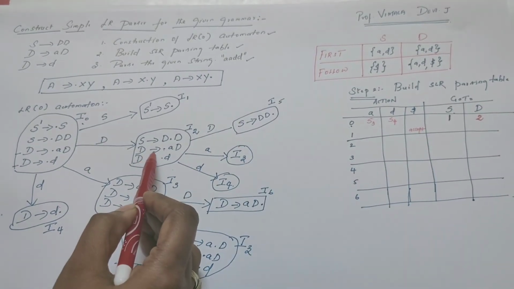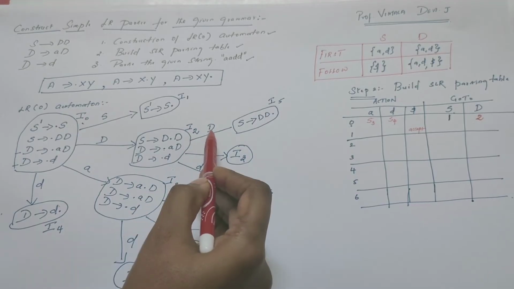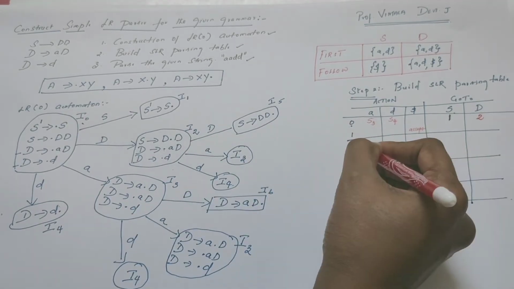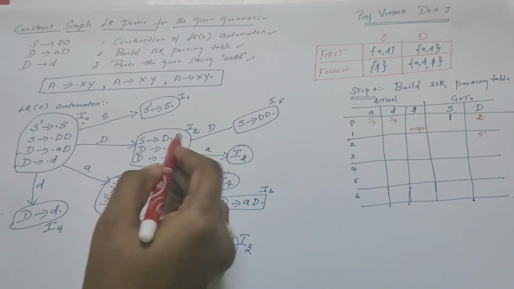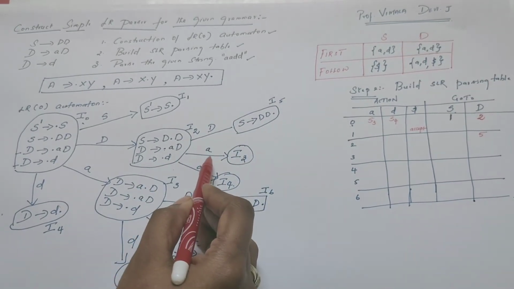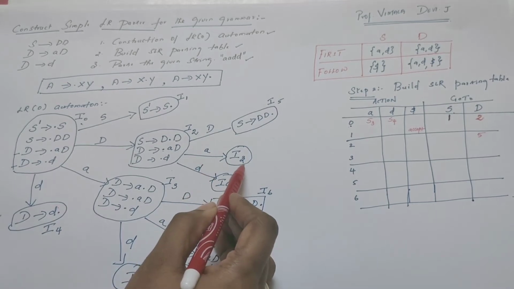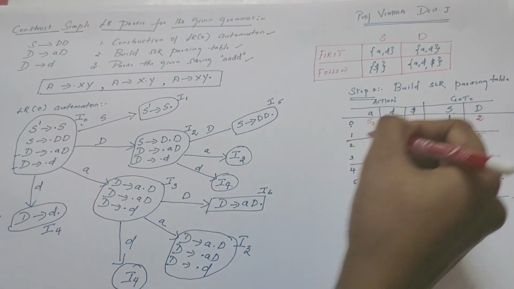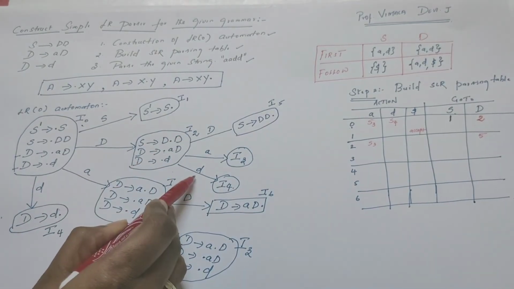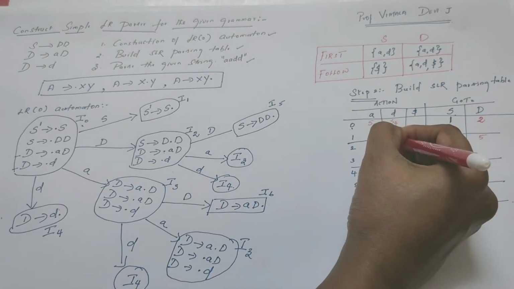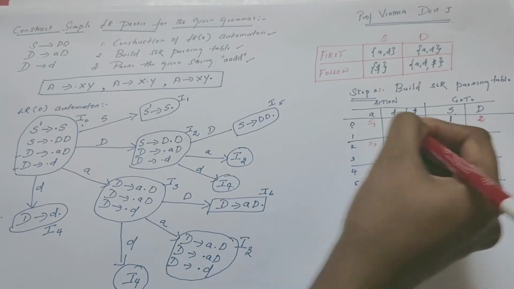Now start from the state 2. From the state 2, on reading the non-terminal D, it enters into the state 5. From state 2, on reading the terminal A, it enters into the state 3, so let us write it as S3 here. From state 2, on reading D, it enters into the state 4, let us write it as S4.